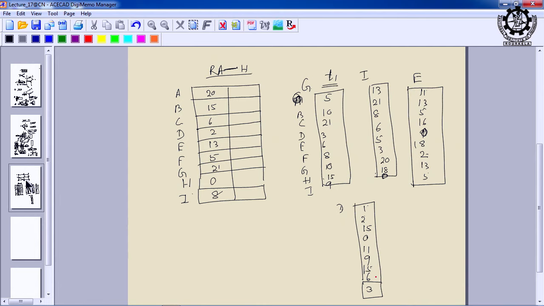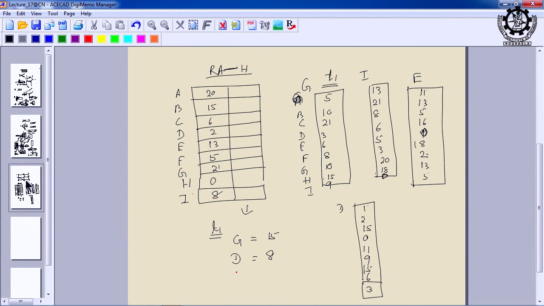Now, at point T1, H understands that I can reach G with a value of, what is the earlier value? It was 21. So, now I can reach with 15. I can reach D with a value of 8.